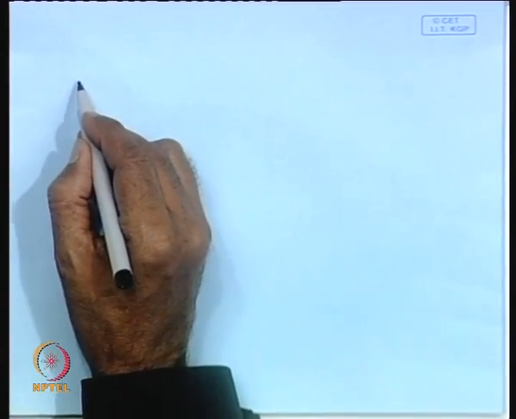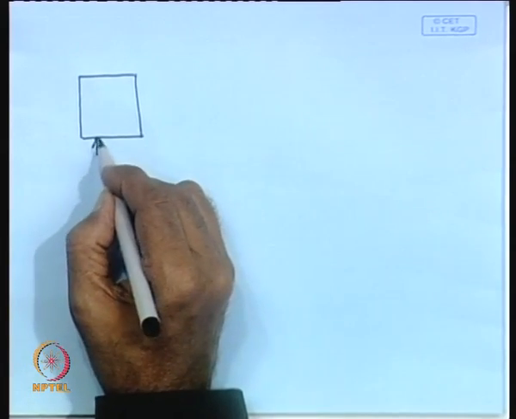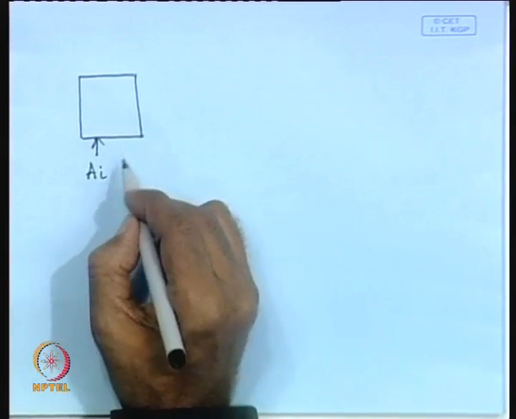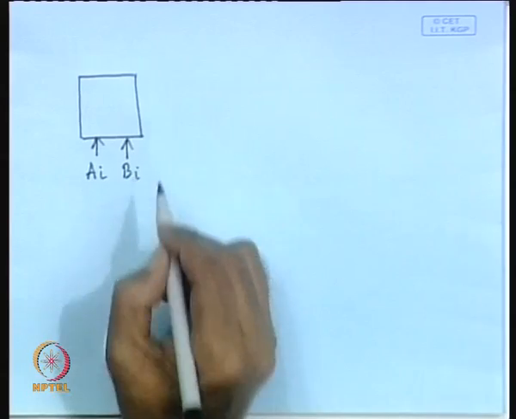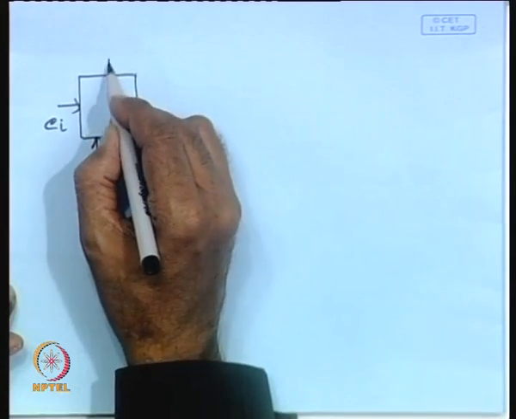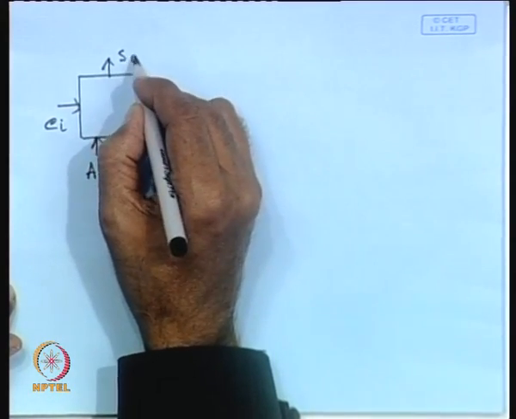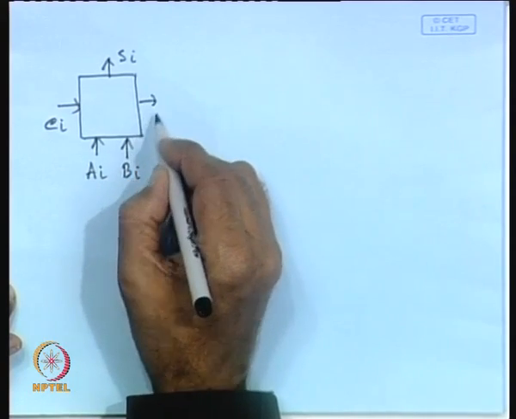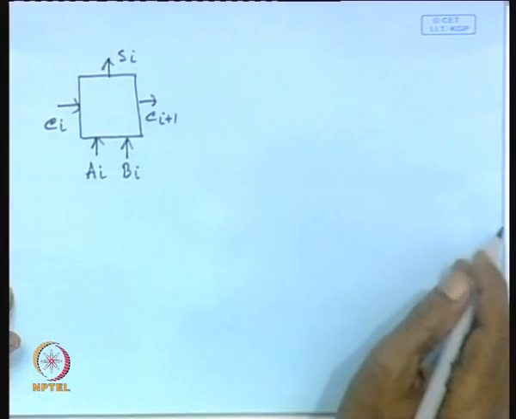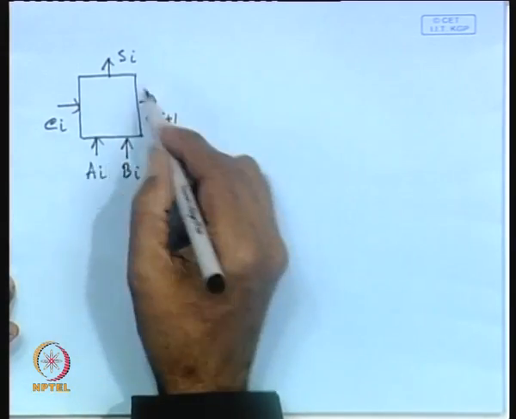That means your requirement is to realize a full adder cell, where you will apply Ai, Bi and Ci, these 3 inputs, and it produces 2 outputs Si and Ci plus 1. Ci plus 1 will go as input to the next stage. So, how can we realize this?